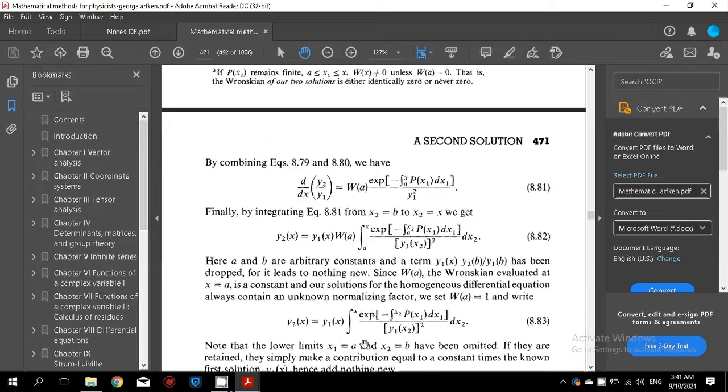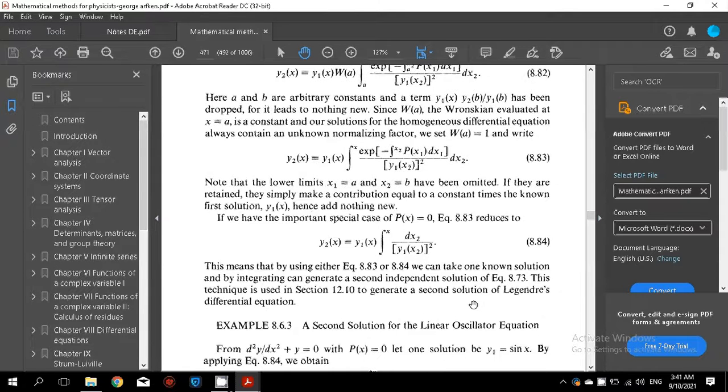So this is the simplified form of the expression for the second solution, and we call this the Wronskian double integral formula. So what is the name of this formula? Wronskian double integral formula, because it contains double integration over here. And p(x1) dx1 is the polynomial p(x) at x equal to x1, and so on. So this is how you get the second solution.